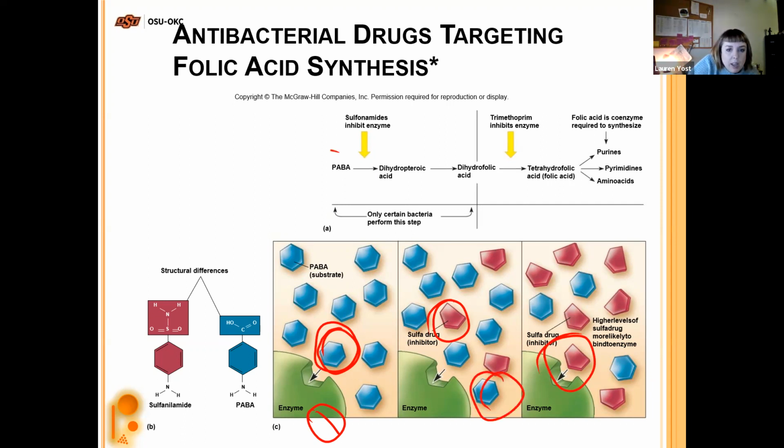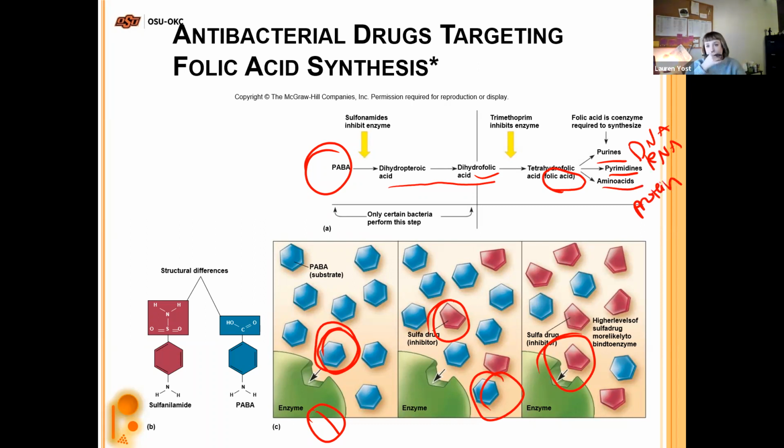So that PABA, which would have led down this way to folic acid, and then everything that comes with it, purines and pyrimidines. You remember what these are? These are DNA and RNA. And then amino acids, of course, protein. So they can't do any of that without it. So that's how that works.